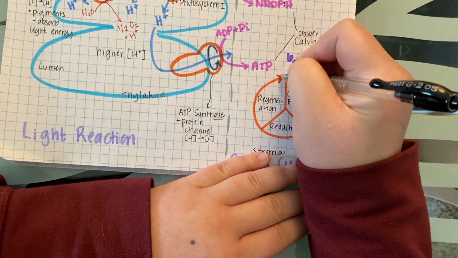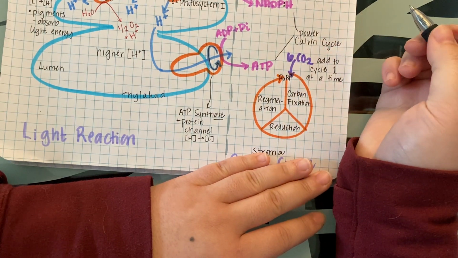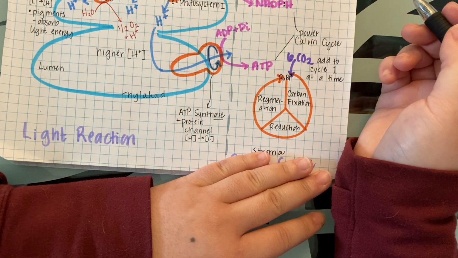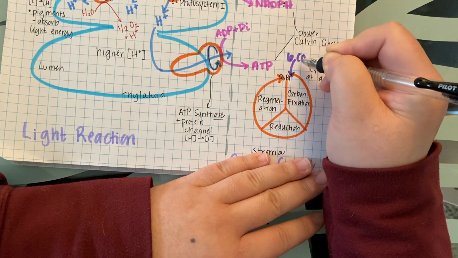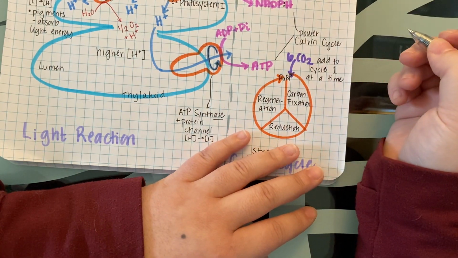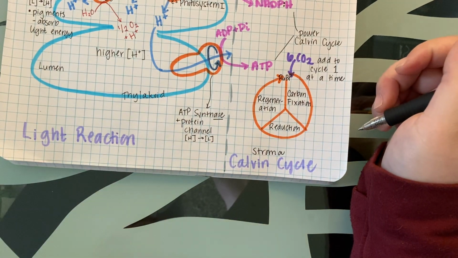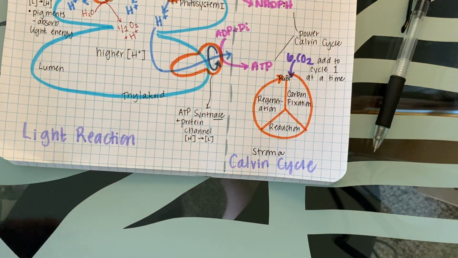The first molecule is called RuBP, also known as ribulose bisphosphate. So we need to get RuBP and carbon dioxide to bind with each other. The enzyme that causes those 2 things to bind is called rubisco.